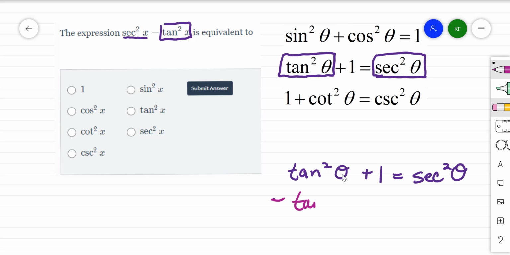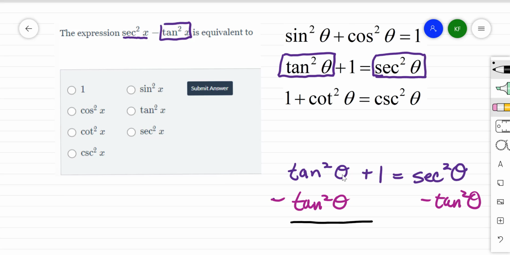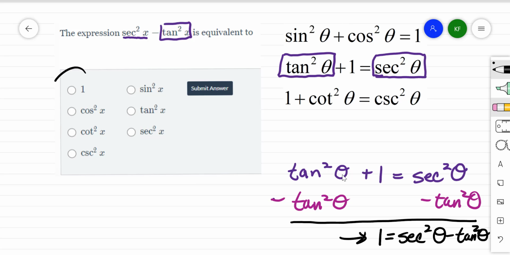So this is tangent, and then you have it. And you can see, even though I haven't finished it, that the answer is going to be 1 on this one. So 1 is equal to minus tangent squared theta.